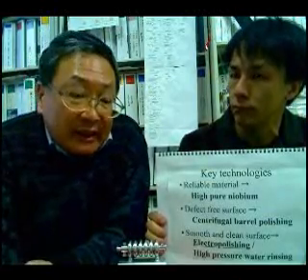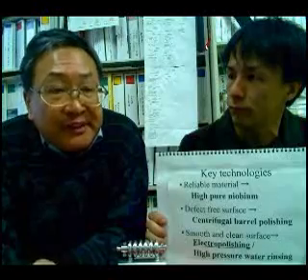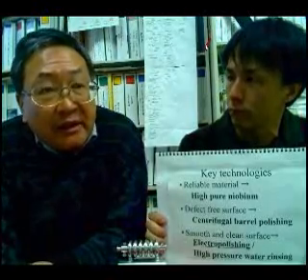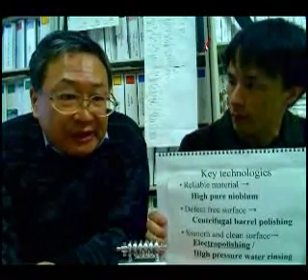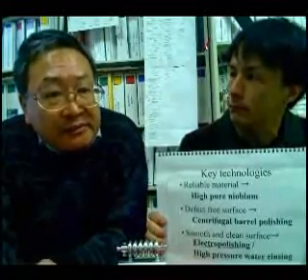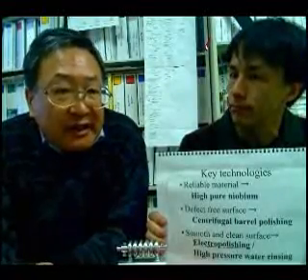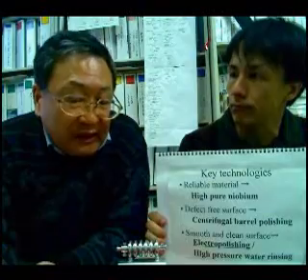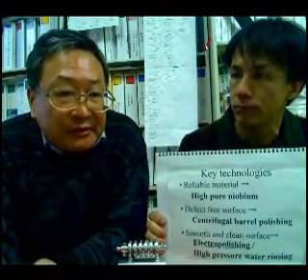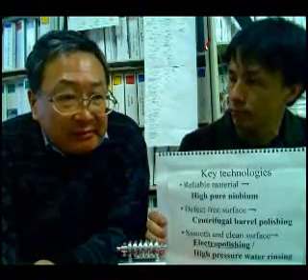And third, we have to finish a very smooth surface from the point of view of the RF application. And electropolishing is a very good technology. And finally, we have to eliminate particle contamination.